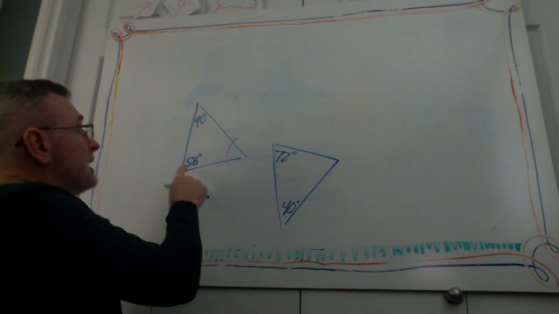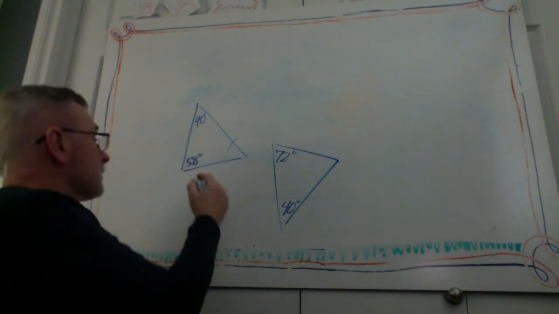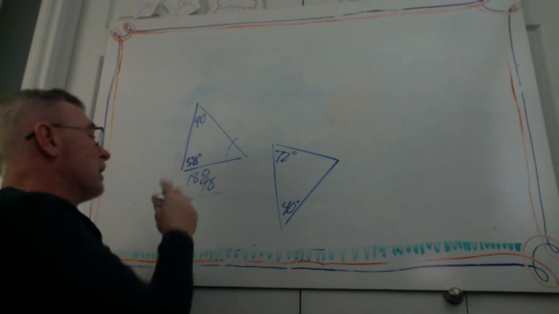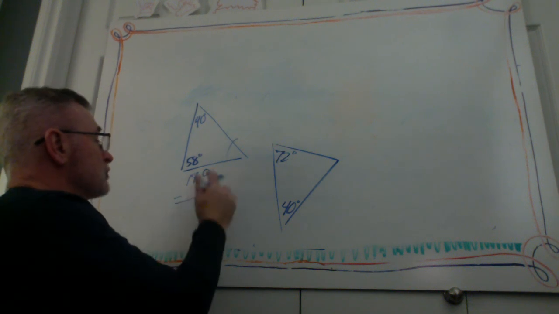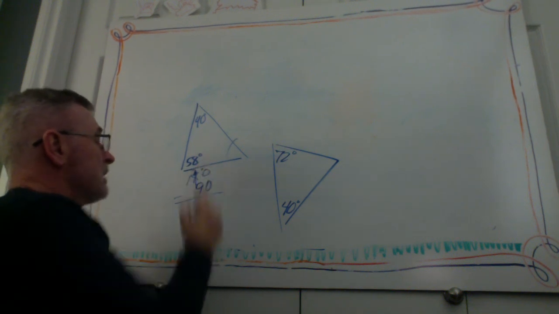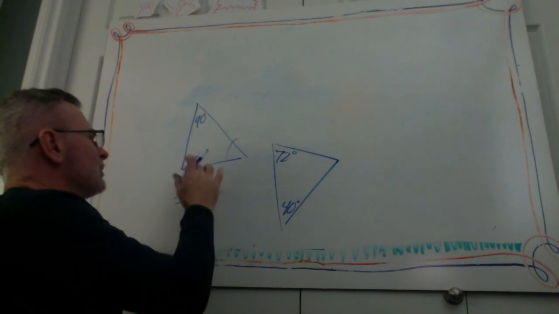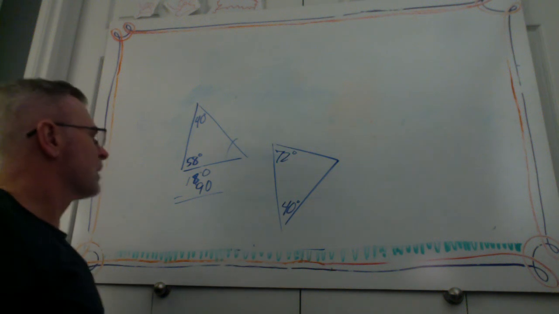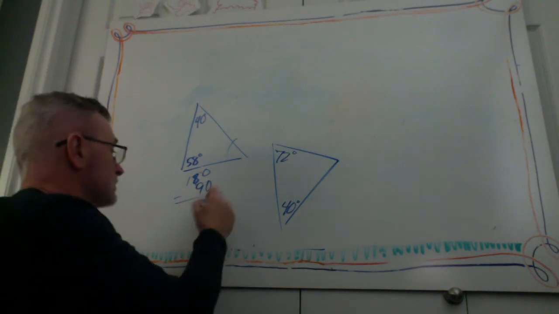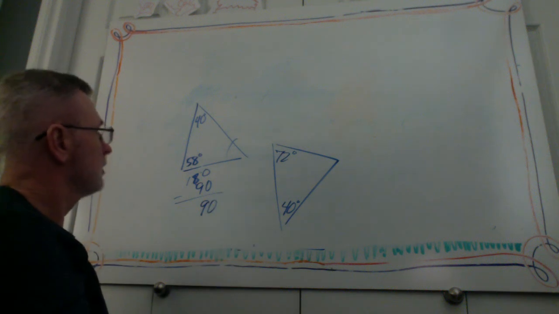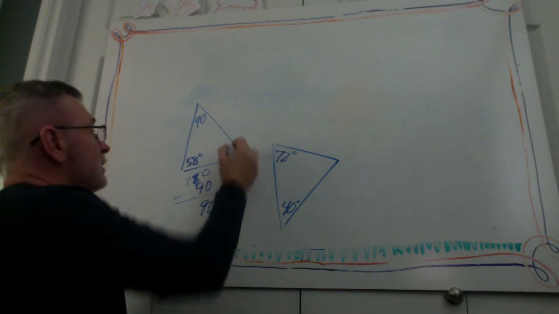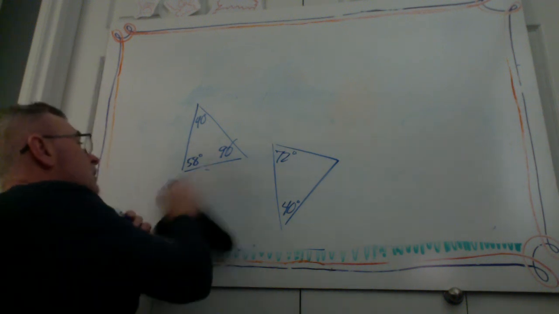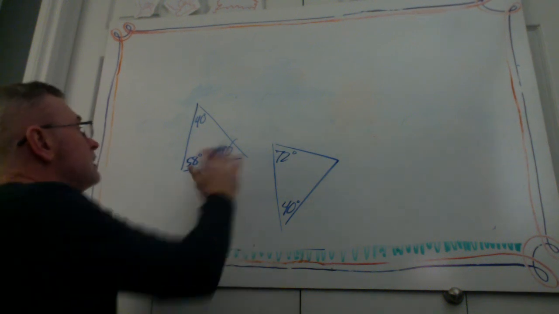So what we're going to do is take 58 plus 40, which is 98, and subtract that from 180. 180 minus 98. Draw that a little better. Why in the world did I borrow? I borrow because I watch you guys borrow all the time. So this is 180 minus 90. Looks like 90 degrees. That can't be right. It wasn't 90.